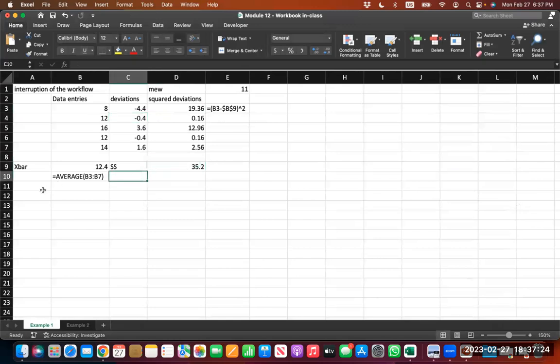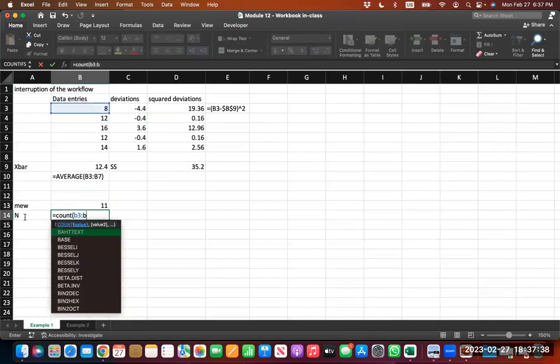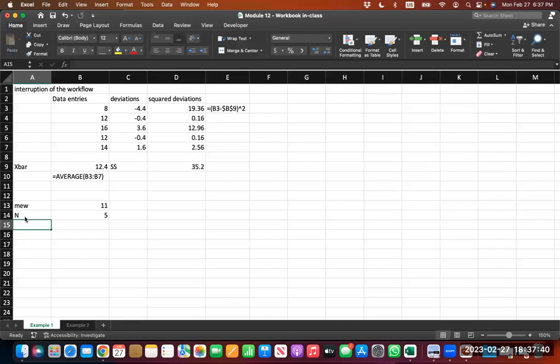From the sum of squares, we want to know next. So we know now that mu is 11, n is 5. This equals count from B3 to B7. Now with degrees of freedom, I abbreviated this df. That's basically our n minus 1.